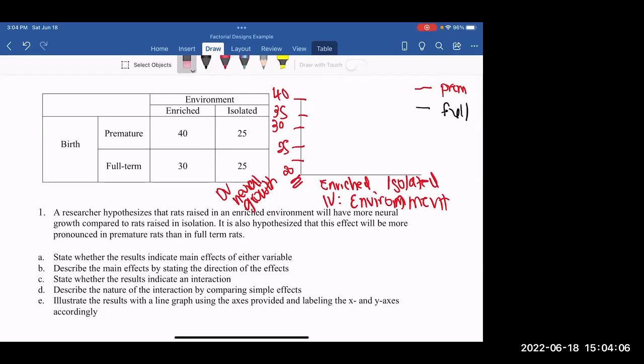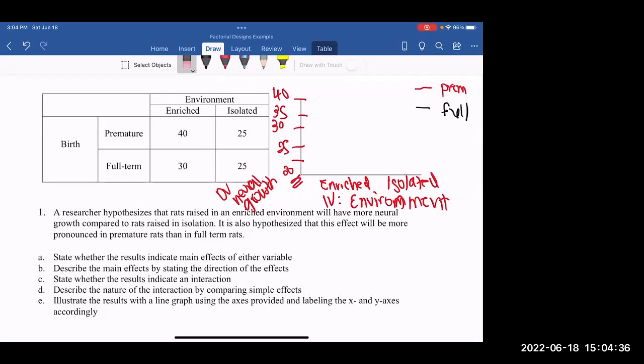So again, our x-axis and y-axis are going to stay the same. And the red bars are going to indicate premature rats, and black bars are going to indicate full-term rats. Okay, so let's go ahead and plot the enriched condition first.